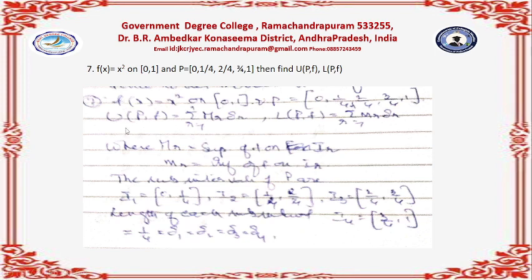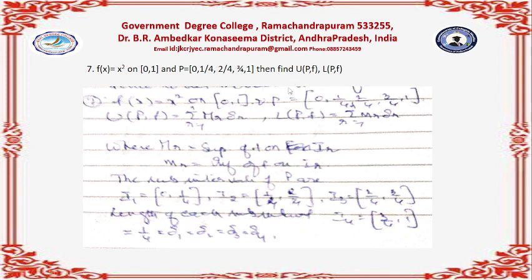So how is it defined? It is defined as the summation of the products of the supremum of the function, capital MR, into delta R, the length of the subinterval.